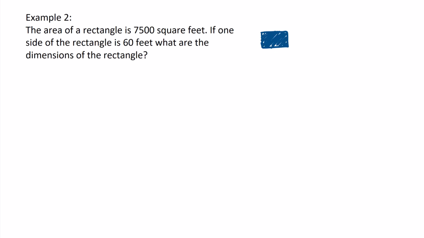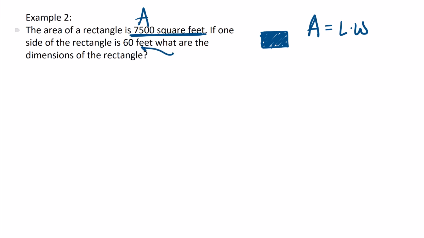It takes up 2 dimensions. The area of a rectangle is equal to length times width. And we happen to know what the square feet are, or the area is. So that's your A. We also know that one side is 60 feet.